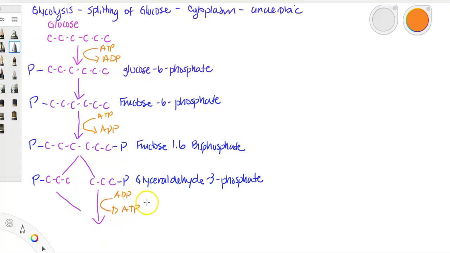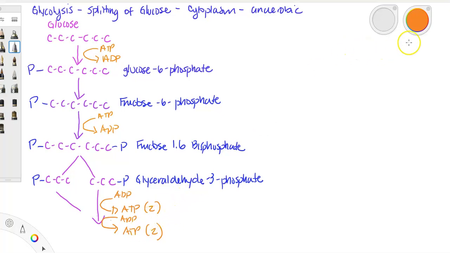All right, so this is happening for both molecules, and we get 2 ATP for each molecule. So it happens twice, and we get 2. And it happens again, and we get 2.